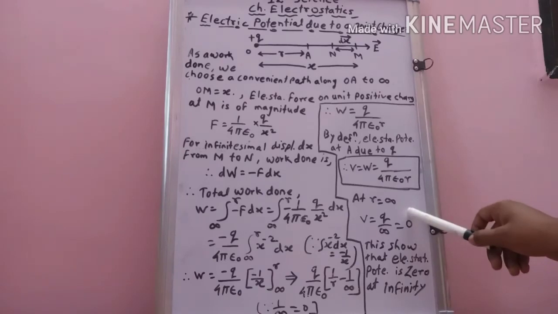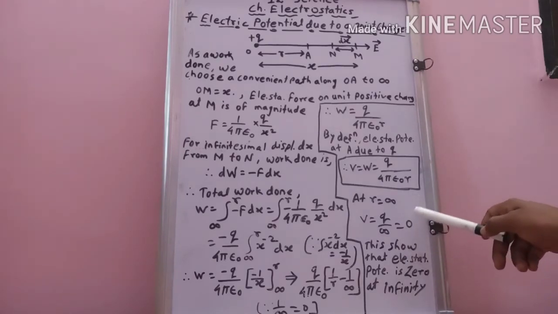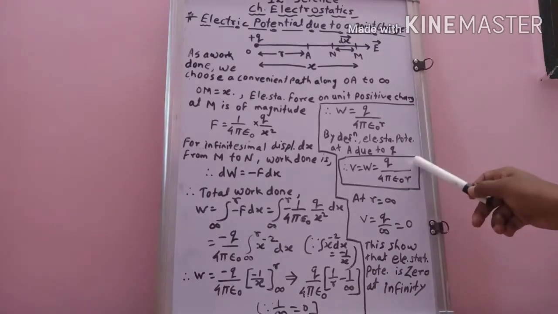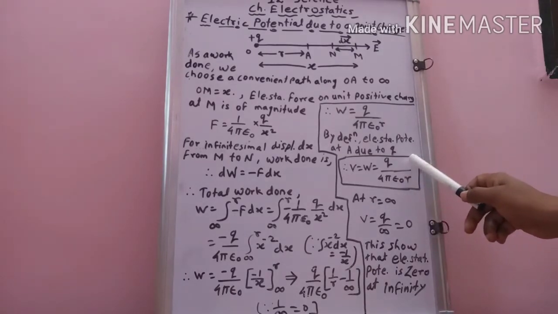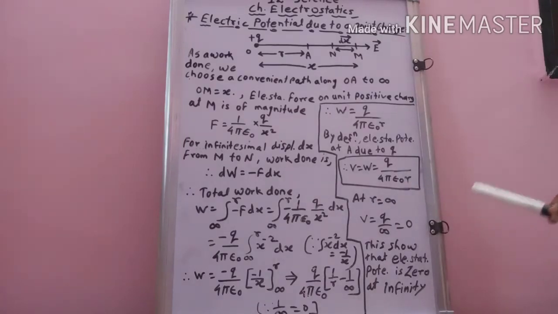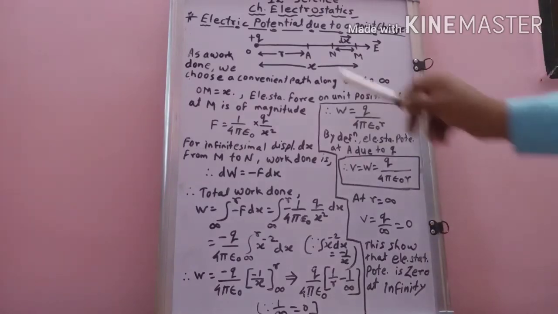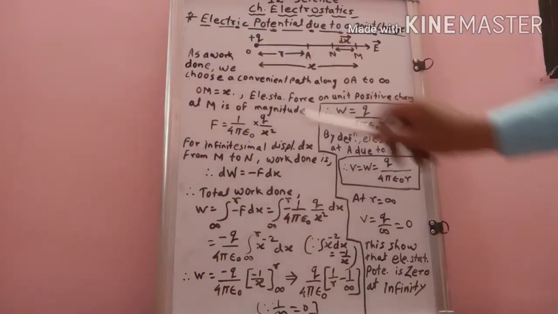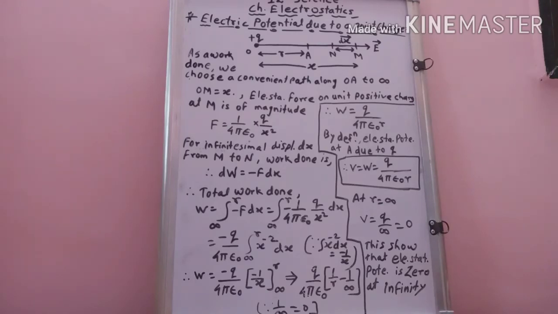This is the zero potential. And this equation gives the electric potential due to a point charge at point A at a distance r from the point charge Q. Thank you.